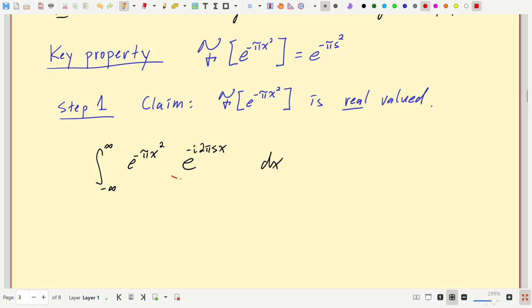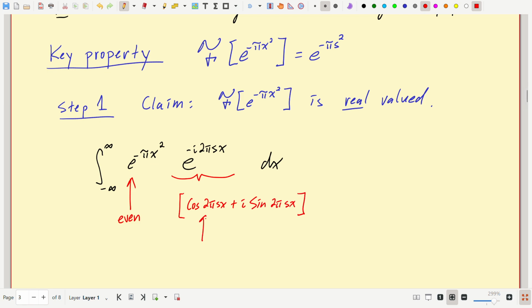Okay, this is, by the way, even. And this is cosine 2 pi sx plus i sine 2 pi sx.